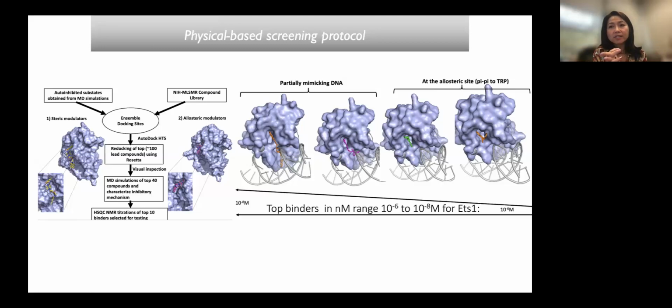By the end, we screened the NIH small molecule depository, about 500 compounds, and there are two classes of binders. One mimics the DNA binding, and the other one occupies the allosteric pocket.